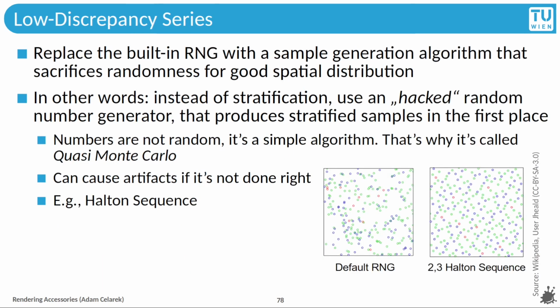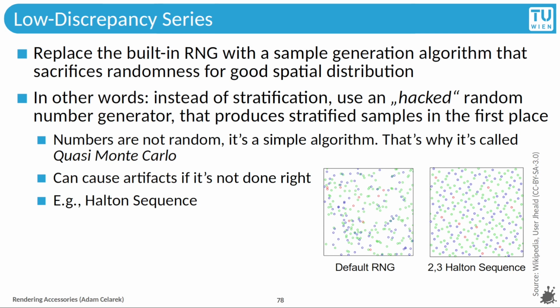Low discrepancy series are a way to achieve uniform sampling without using stratification. Basically, the random number generator is replaced with an algorithm that generates samples according to a mathematical formula, guaranteeing a relatively uniform distribution at all sample counts.